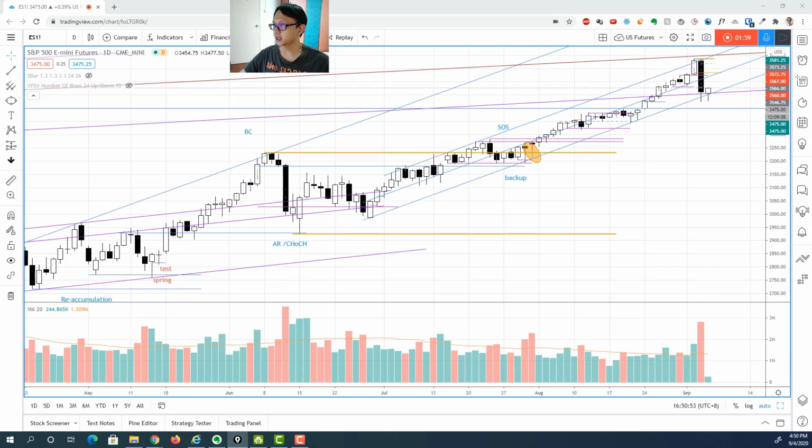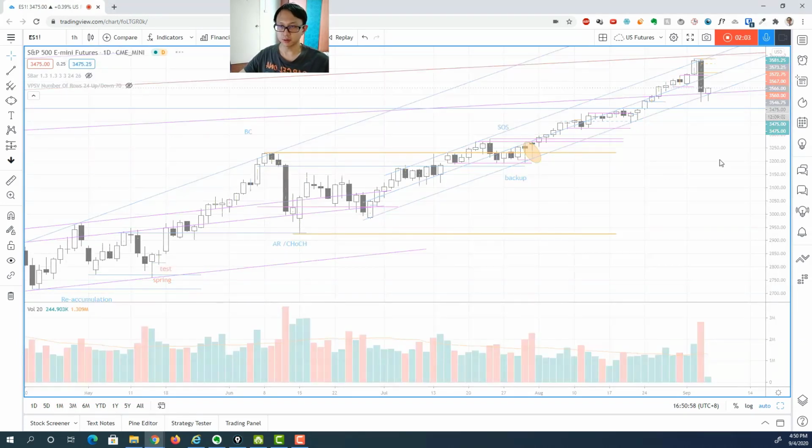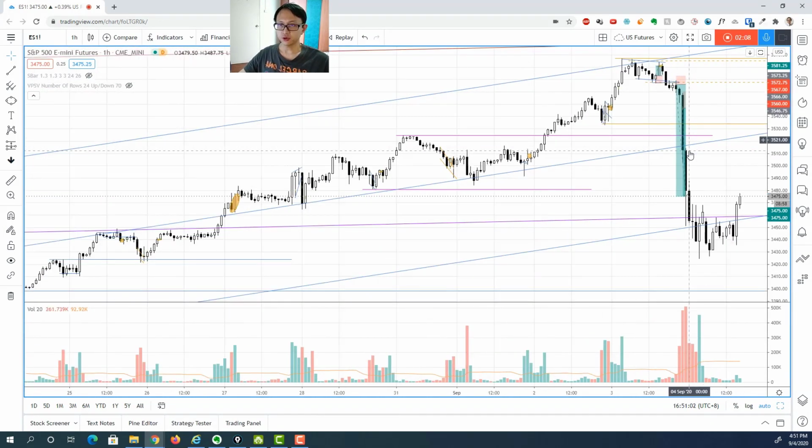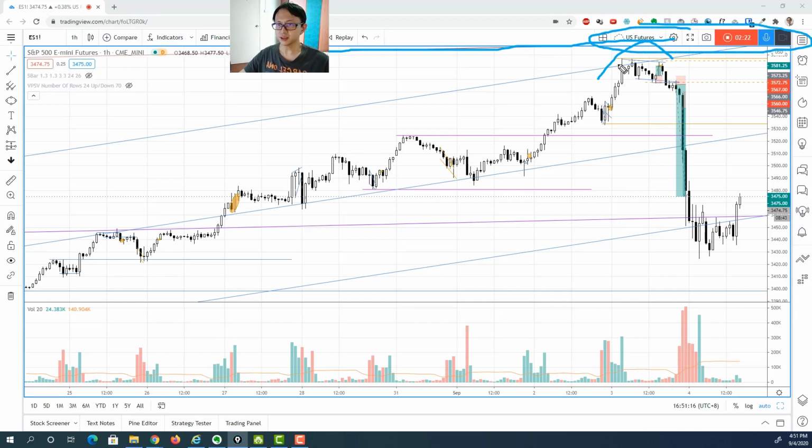But first of all, let me just get into the hourly time frame and let's talk more about the session yesterday. If you recall in my video yesterday, I did talk about the overbought scenario, and also I have another supply line which is highlighted in brown color here, somewhere close to around 3600 level.